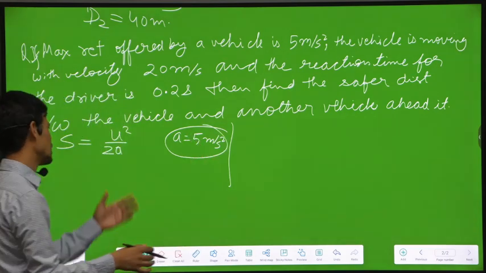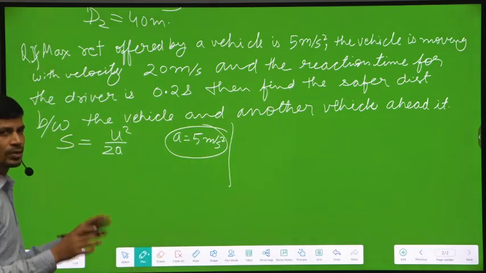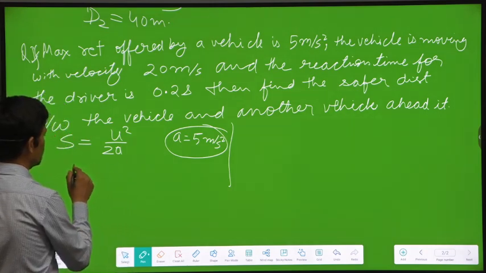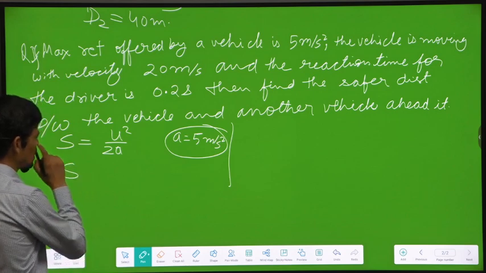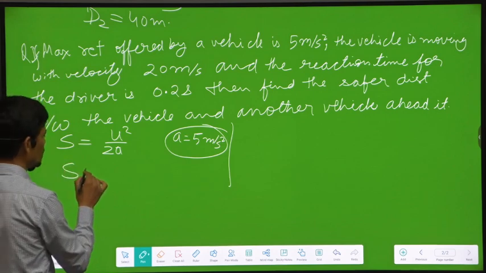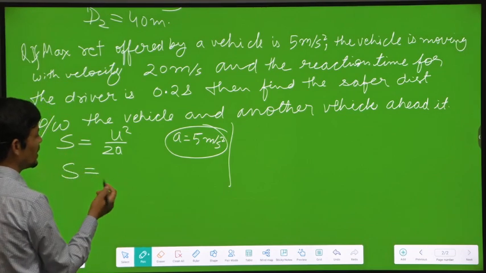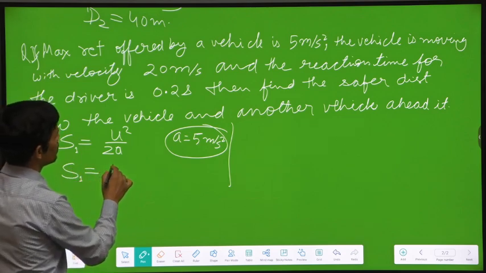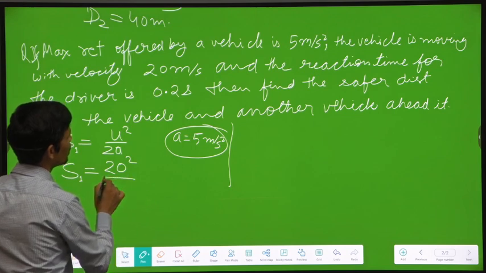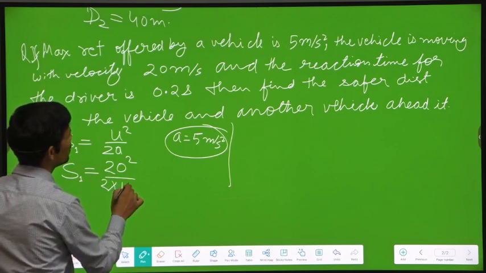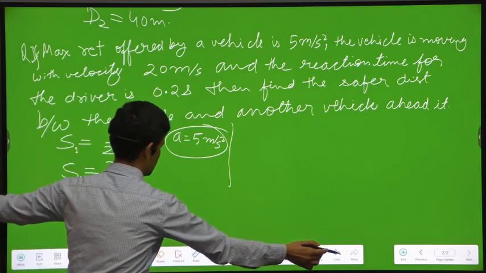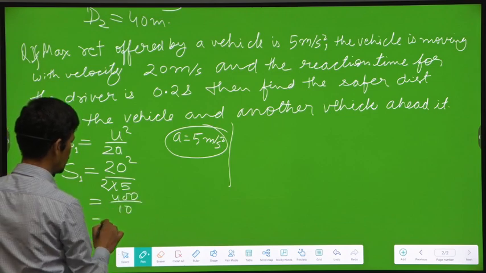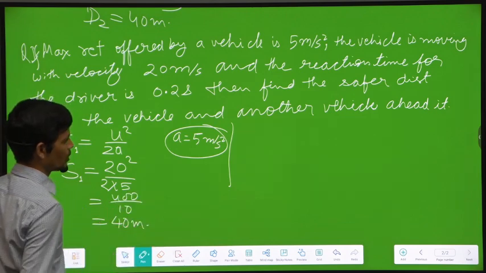This stopping distance, I'm writing it as s1. So u square is 20 square divided by 2 multiplied by 5, so it is 400 divided by 10, that is 40 meter.